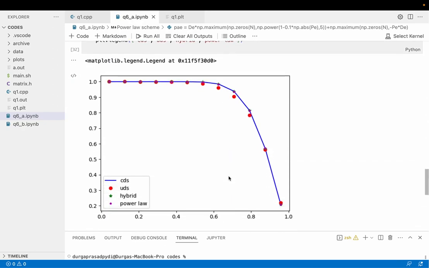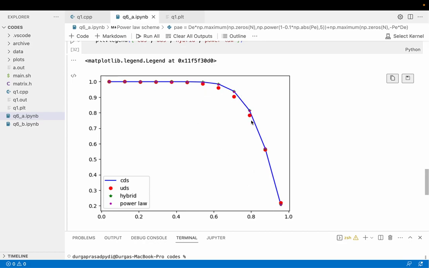Now if you compare all these results from all the methods, it's the same problem, same grid. You see the UDS is first order accurate, so you expect lesser accuracy compared to other methods, and all the other methods give you physically meaningful results. You are starting with phi equal to 1, and then it gradually declines.